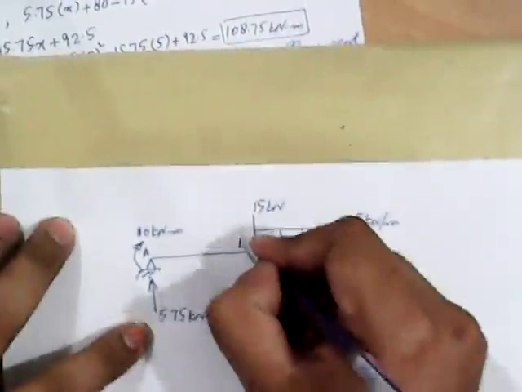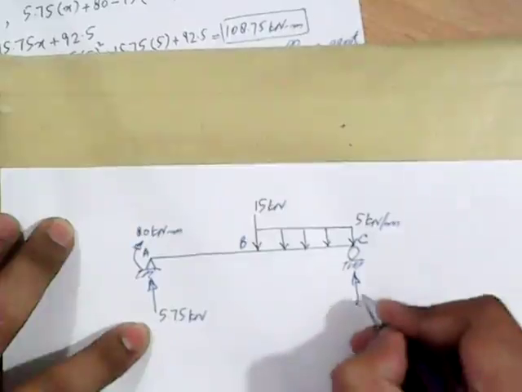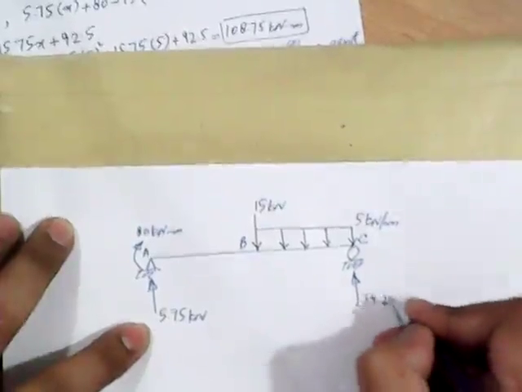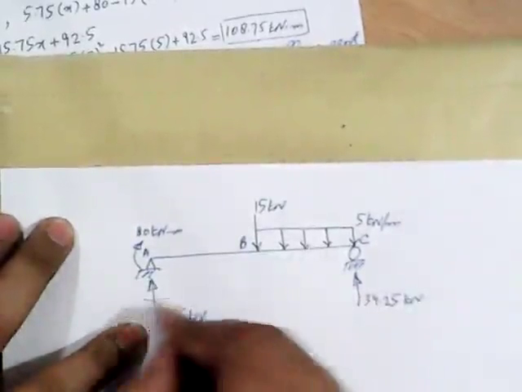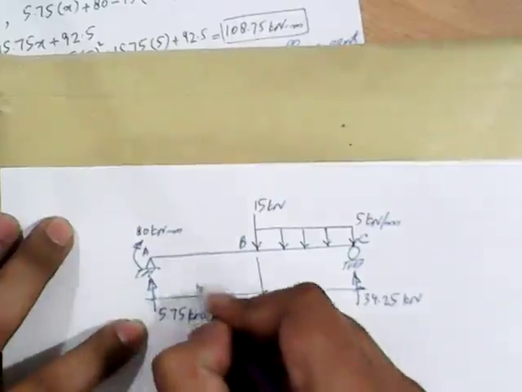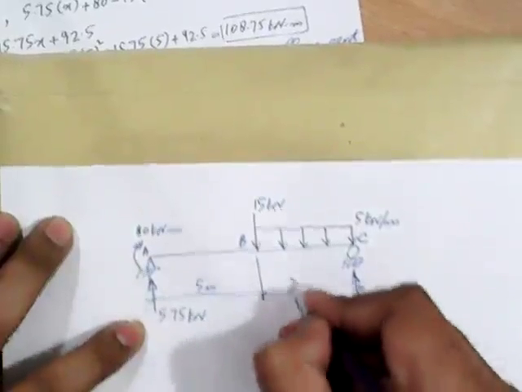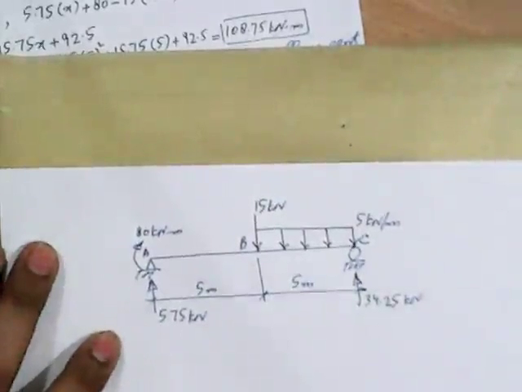reaction at support C, this point is point B, so reaction at support C is equal to 34.25 kilonewton. Span length 5 meter and 5 meter. Okay, so this is the beam.